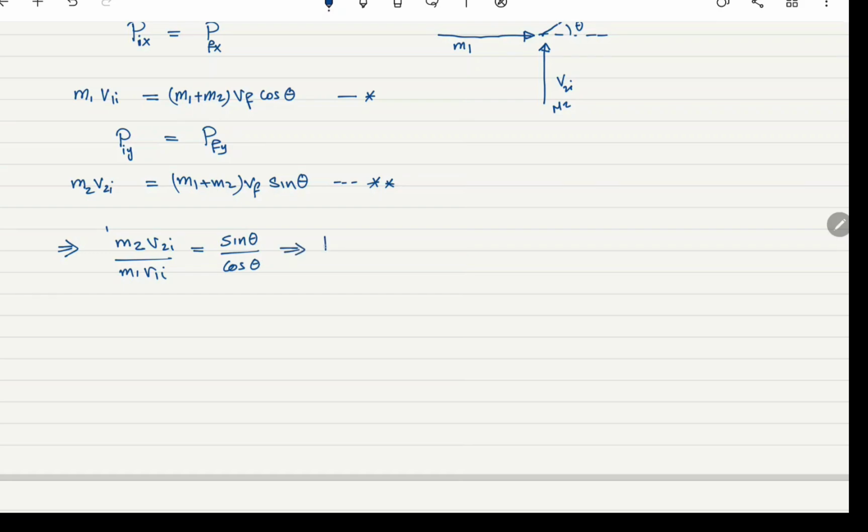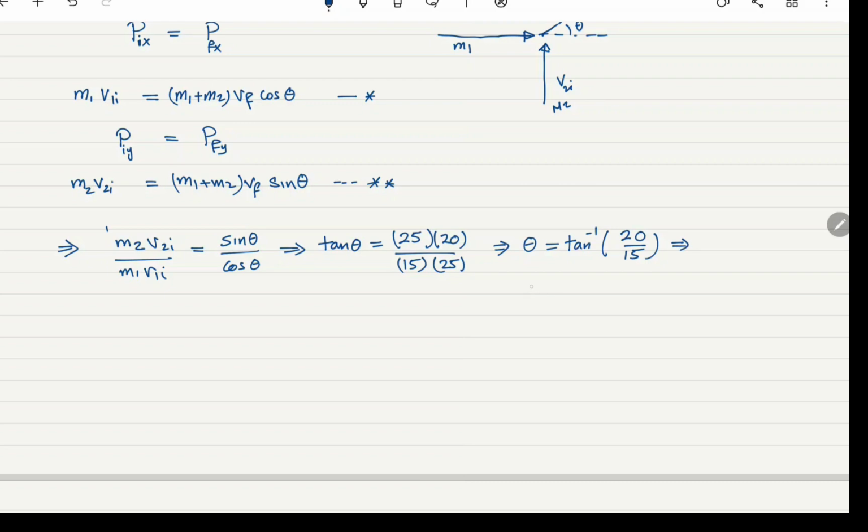In other words, tan theta equals m2 v2 over m1 v1, which is 25 kilograms times 20 divided by 15 times 25 meters per second, or theta equals tan inverse of 20 divided by 15.